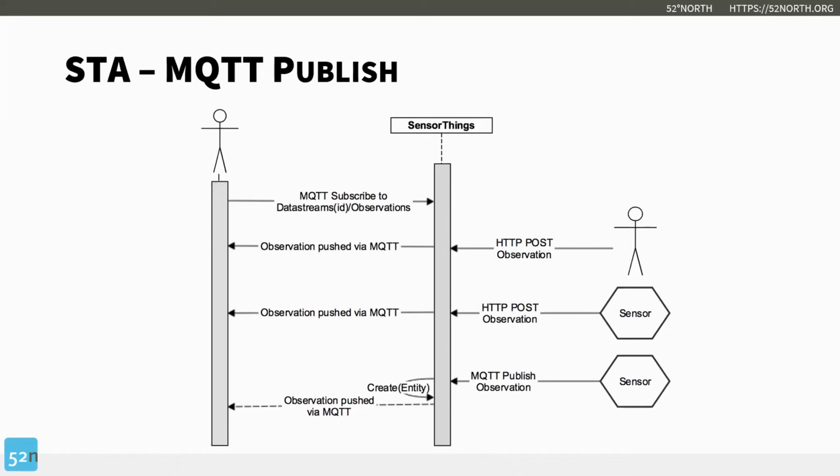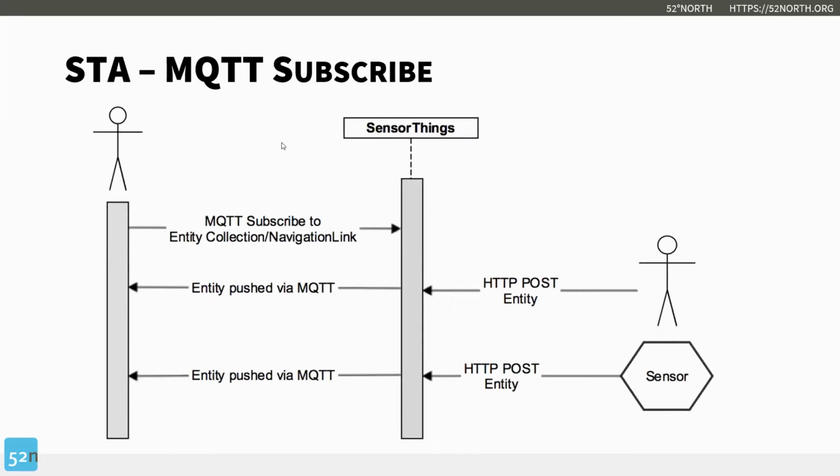And then you can get push of the data via MQTT. And the other thing is you can also use MQTT to push data into your server. So for example, to connect MQTT-enabled IoT devices to directly get data into your SensorWeb server.